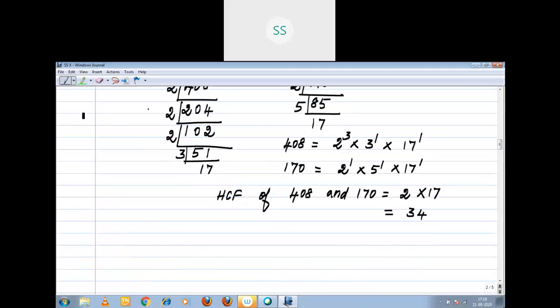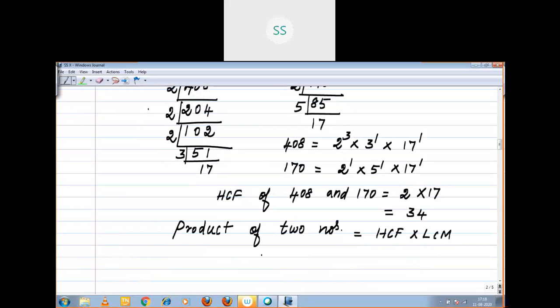HCF we finished. We want to find the LCM. The easy way is this formula: product of two numbers equals HCF into LCM, right?